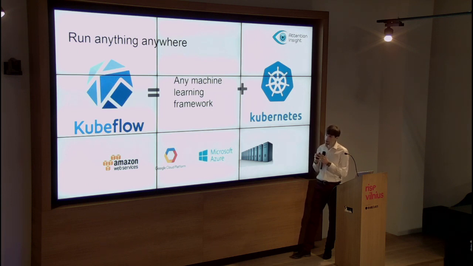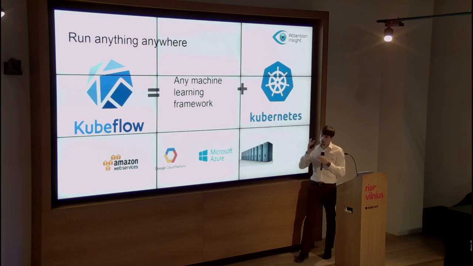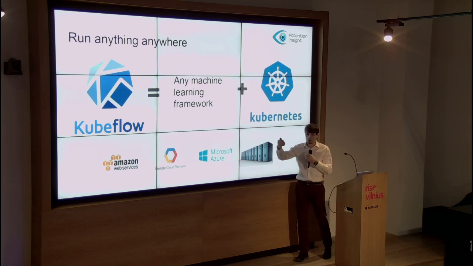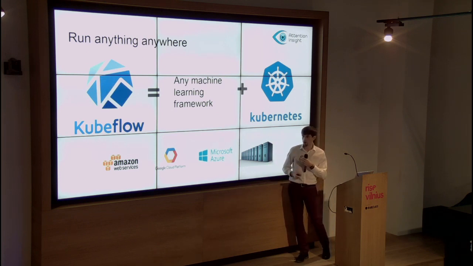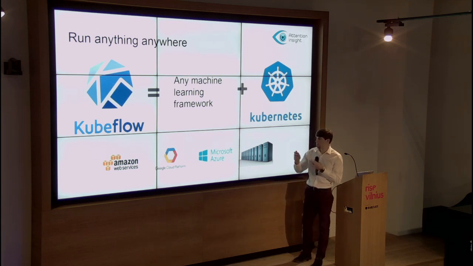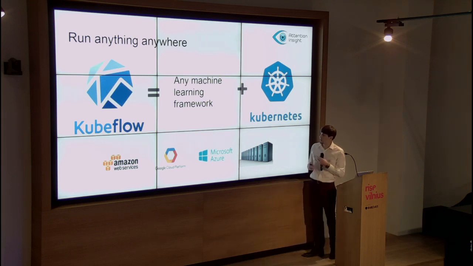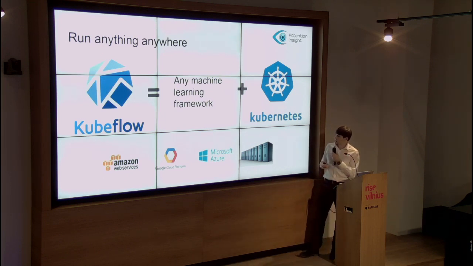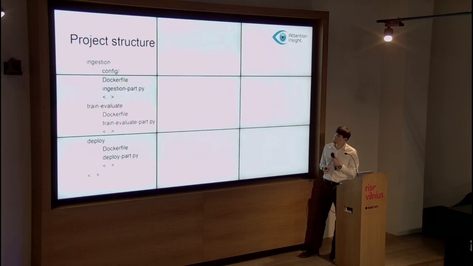Which means that Kubeflow can take one container and sequence it by joining it to the other, that way creating a workflow of events. To deploy Kubeflow, you can do it on Amazon, on GCP, on Azure, as long as the provider can run Kubernetes. You can do it on premises as well.